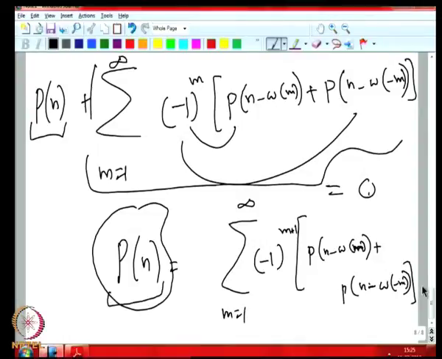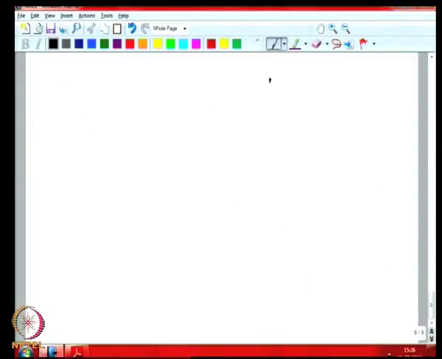But then we will say that there are infinite number of terms here. This is going from 1 to infinity. So, what is good about it at all? But then we can see that this omega of m or omega of minus m, both of them are increasing as m goes bigger and bigger. So, for a fixed n, after some time this will become n minus some number which is bigger than n, which will give you p of minus something, and we take p of k when k is less than 0 as 0, right, that we have already mentioned.